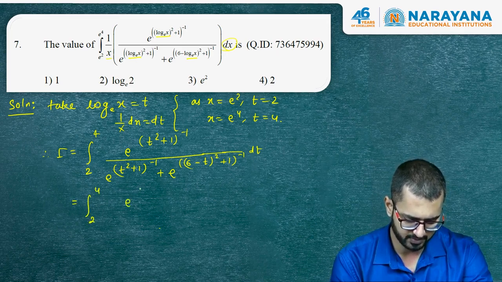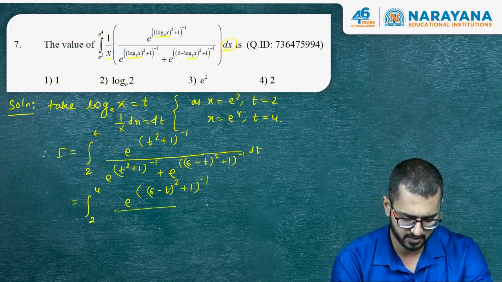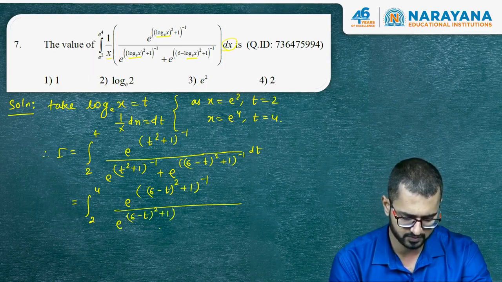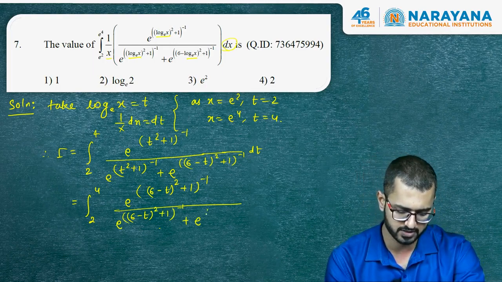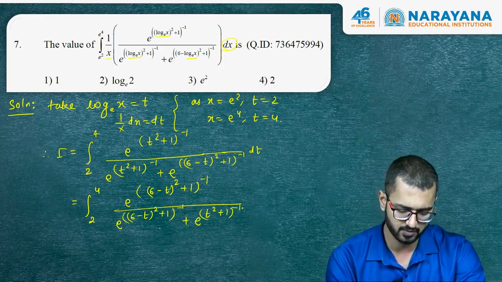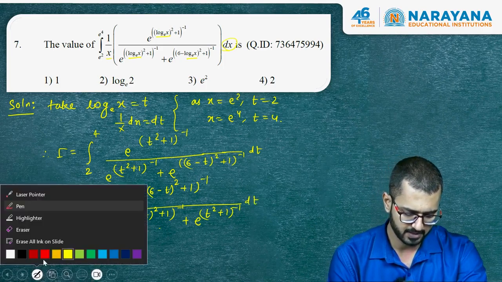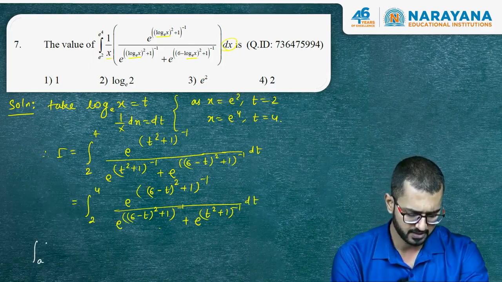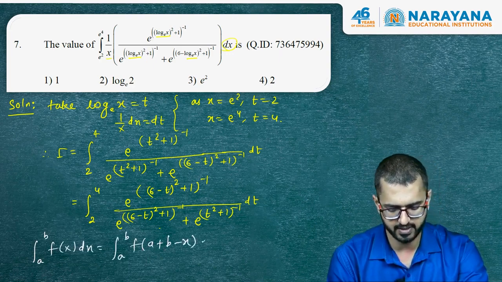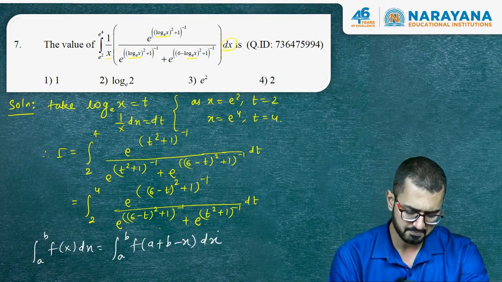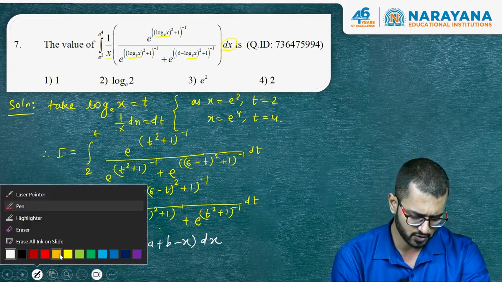We can write 6 minus t in place of t. The property that we have applied is integral a to b f of x dx is the same as integral a to b f of a plus b minus x dx. So this also turns out to be my I itself.